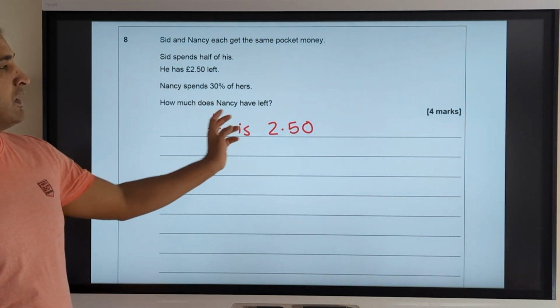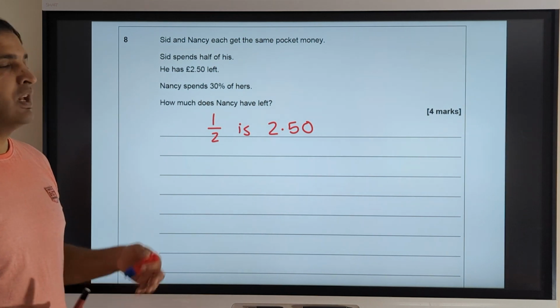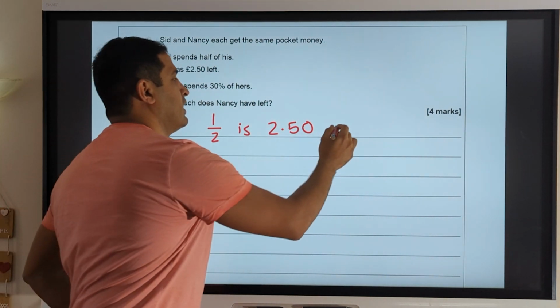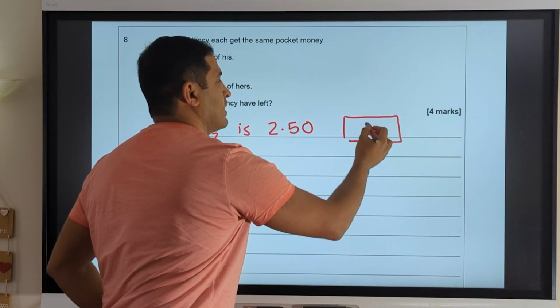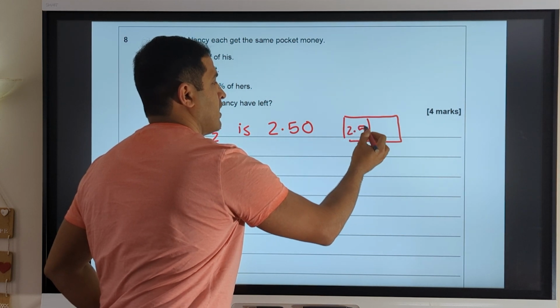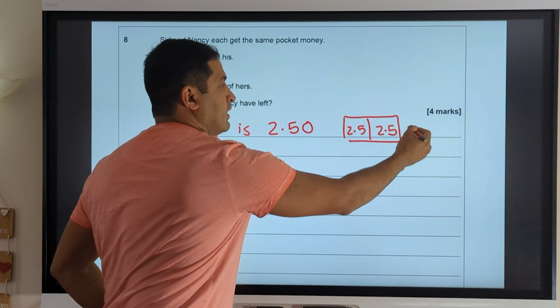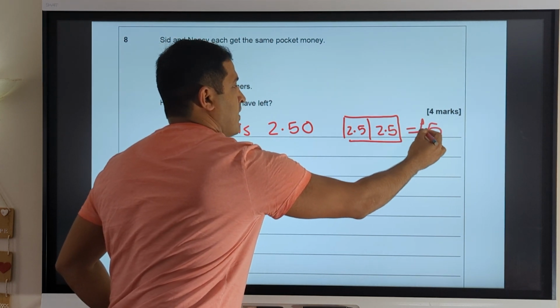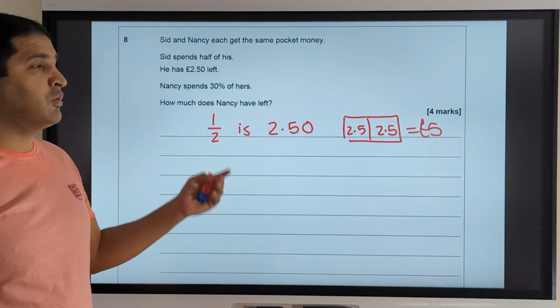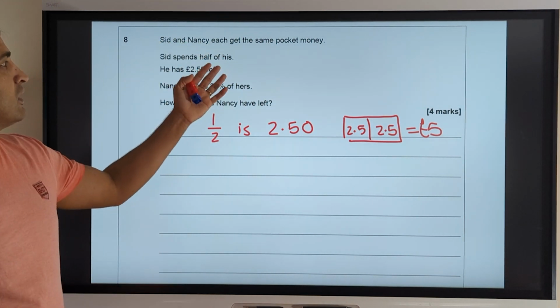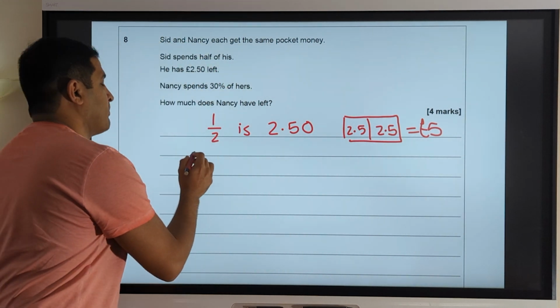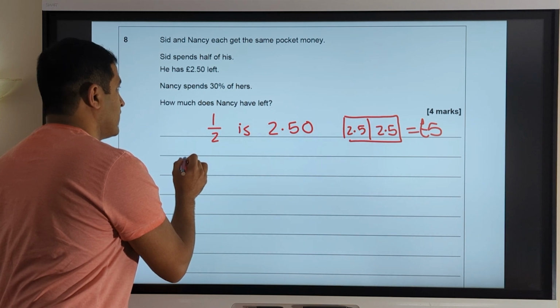If he has half of it left, so half is 250. So what's the 1 whole going to be? Think about it as a shape again. That's 250. So the other part would be 250 as well. So the 1 whole thing is £5. So writing these things down will get you marks. So we're saying, okay, Sid gets £5 pocket money. So does Nancy.